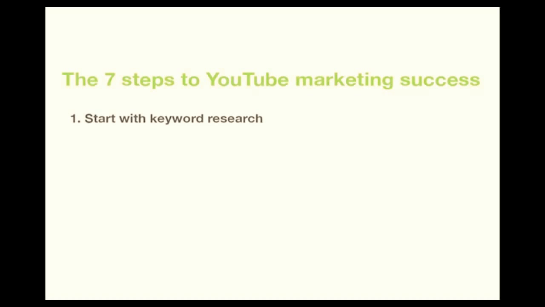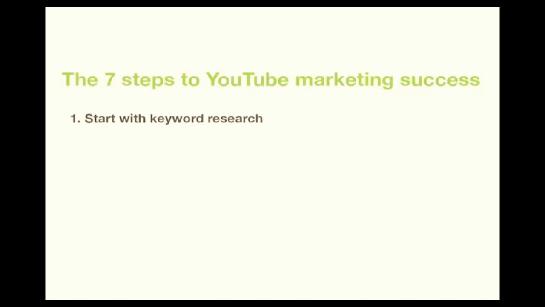So you want to start with your keyword research. You want to know what people are searching for and what language they're using associated to the types of products and services that you offer, because you're going to then name your videos using those keywords, okay?